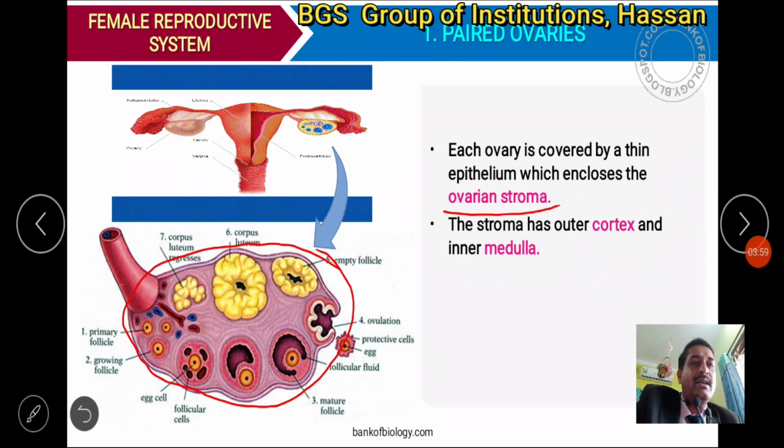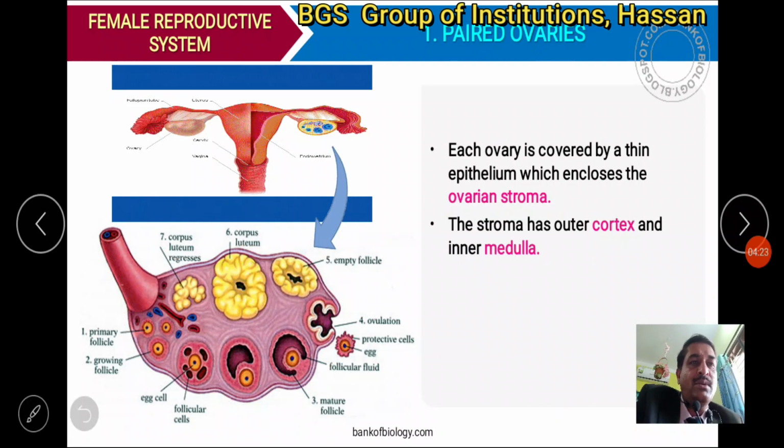The ovarian stroma is further classified into two regions: the outer part is called the cortex, and the inner part is called the medulla. These are the two important structures that come under the ovarian stroma.